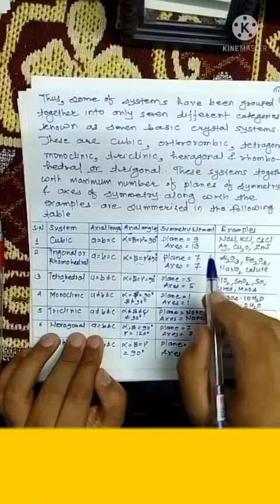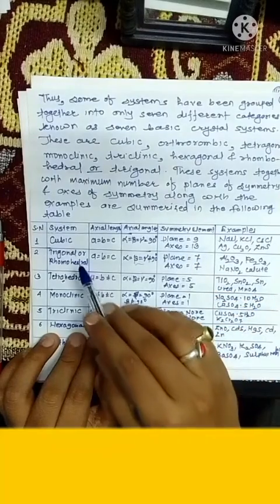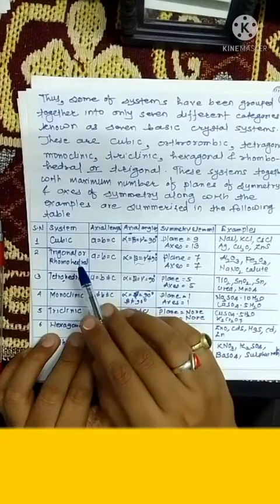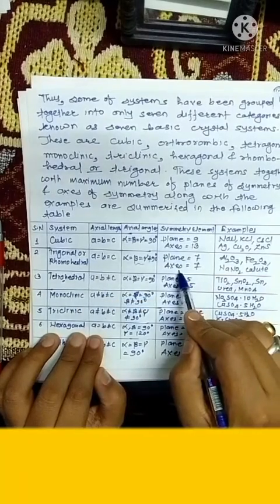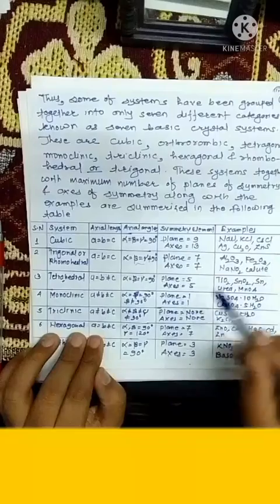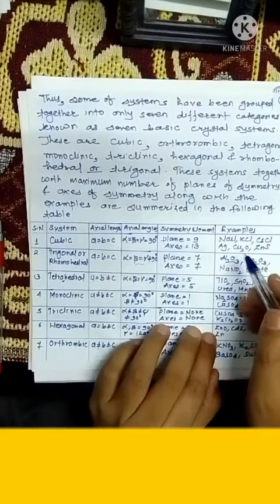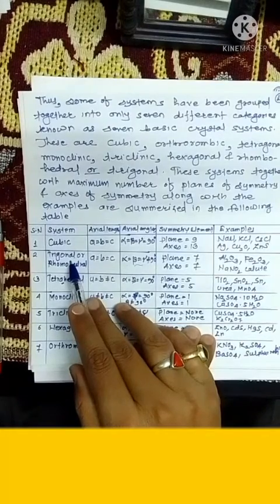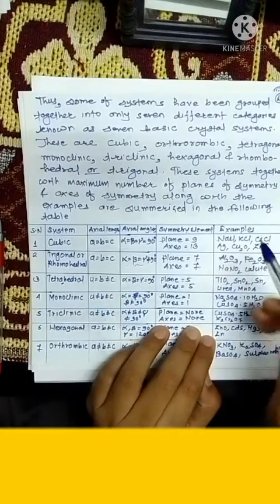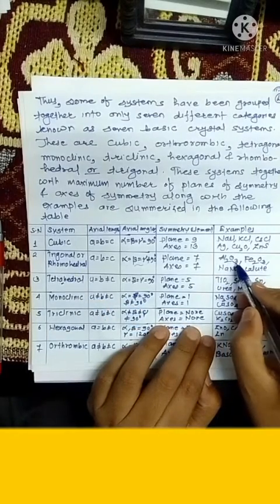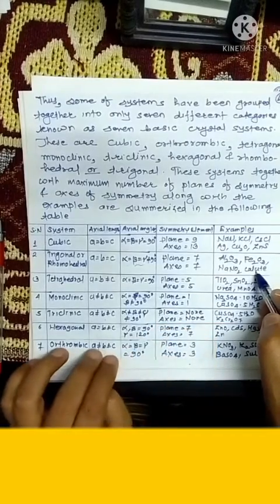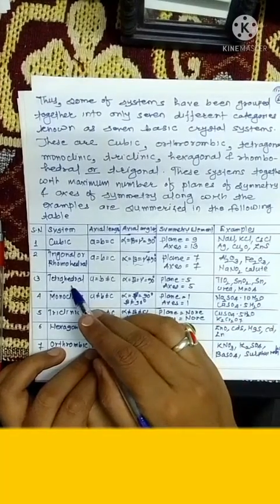There are 7 planes of symmetry and 7 axes of symmetry present in the trigonal lattice. Examples of molecules in which the rhombohedral or trigonal crystal structure is found are Al2O3, Fe2O3, calcite, etc.